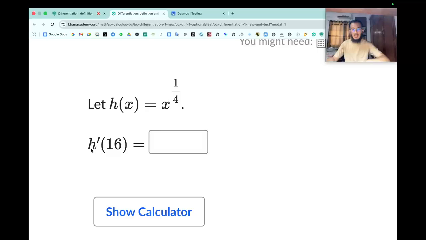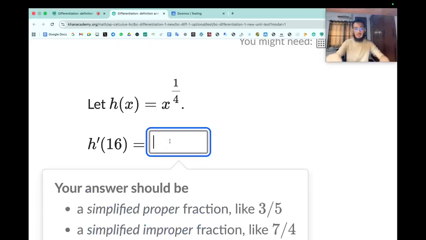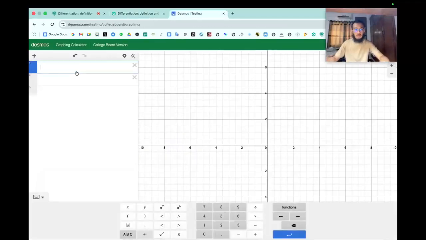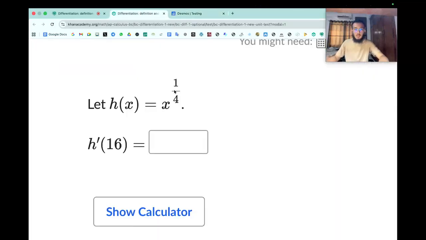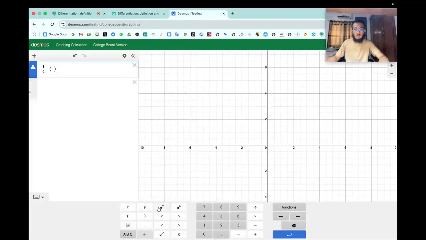What is the value of h prime of 16? Well, again, we first find the differentiated value, so it's 1 by 4 multiplied by x, and we reduce the power by 1, so to the power 1 by 4 minus 1.